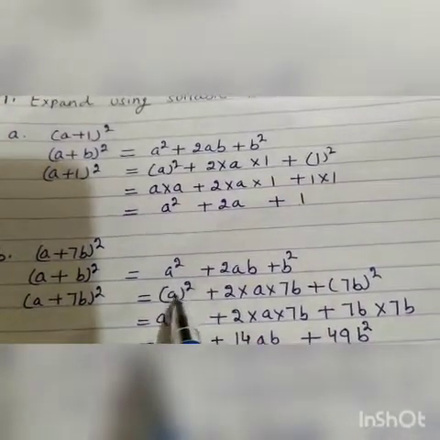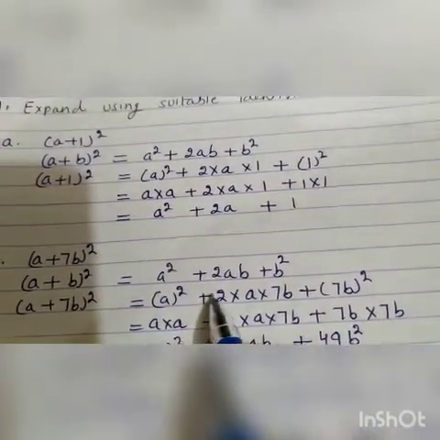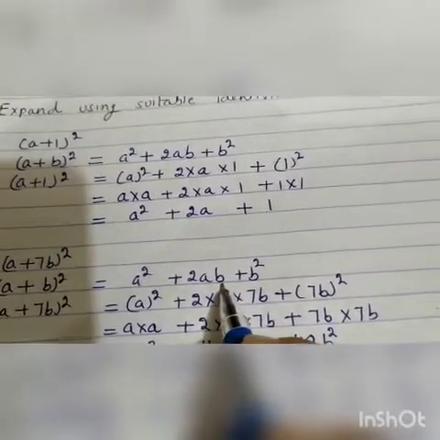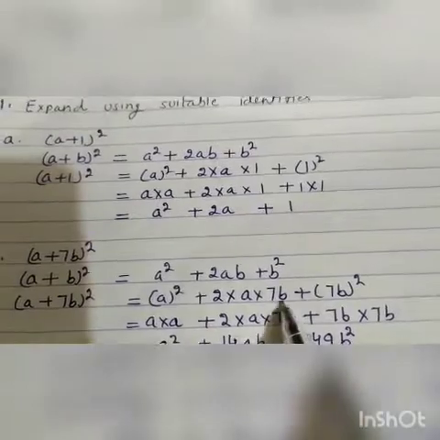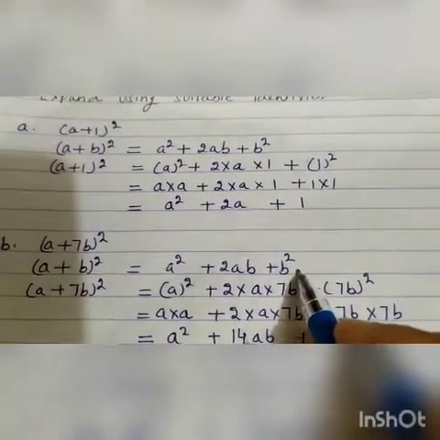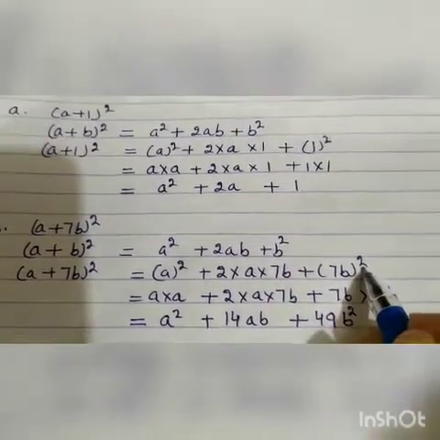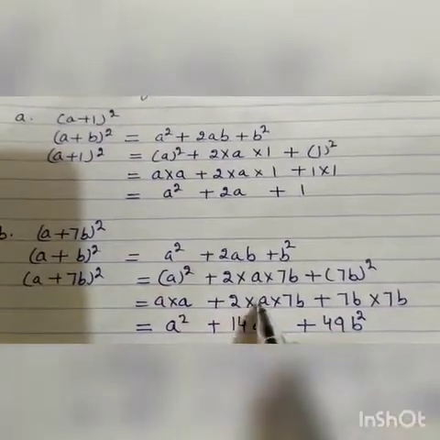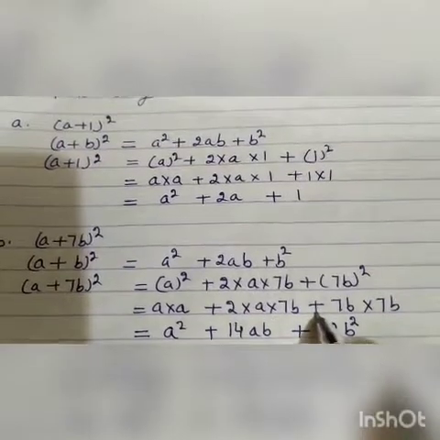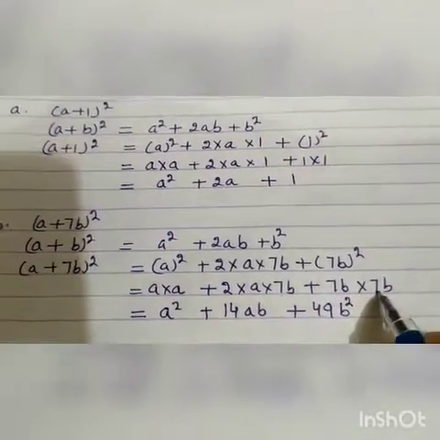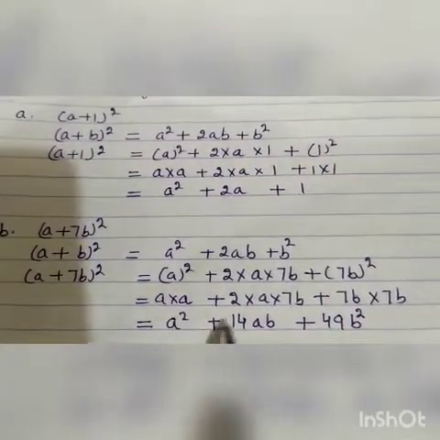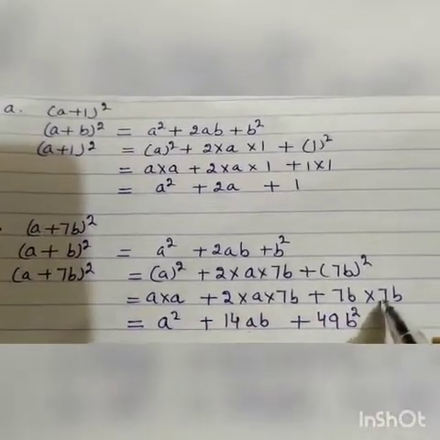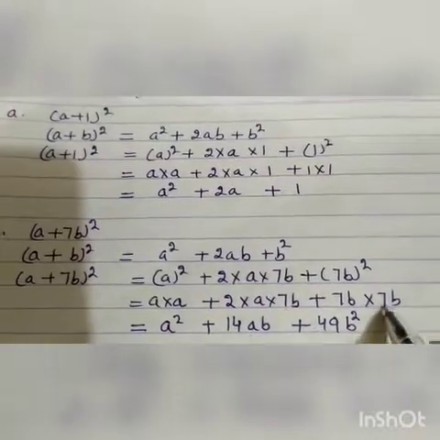So first term whole square, it will be a whole square plus 2 multiply first term a multiply second term 7b plus whole square of second term, it is (7b) whole square. A square means a multiply a, plus 2 multiply a multiply 7b, plus 7b multiply 7b. So it is a square plus 14ab plus 49b square.